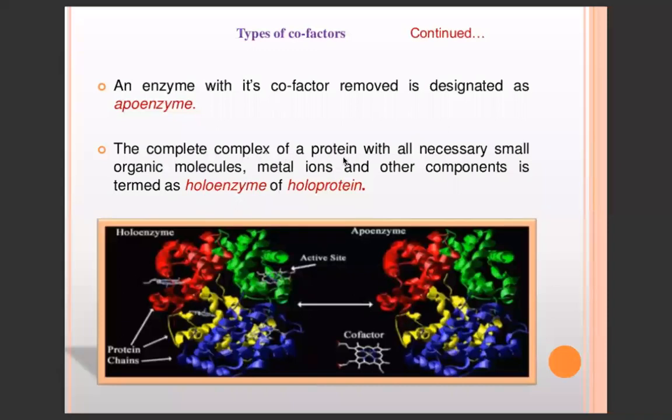The complete complex of a protein with small organic molecules or metal ions and other components is termed a holoenzyme or holoprotein. So what is the difference between holoenzyme and apoenzyme? A holoenzyme is the combination of enzyme and its cofactor, and an enzyme without its cofactor is an apoenzyme.